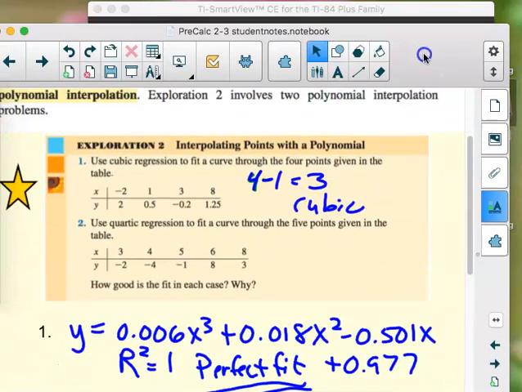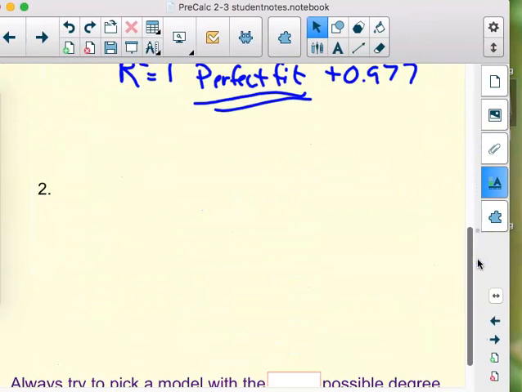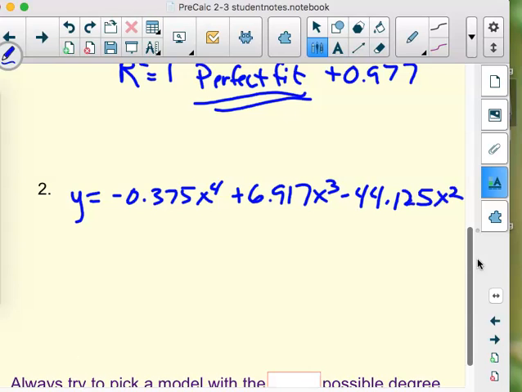So we'll go back here and get that equation written down as y equals negative 0.375x to the 4th plus 6.917x cubed minus 44.125x squared plus 116.583x.